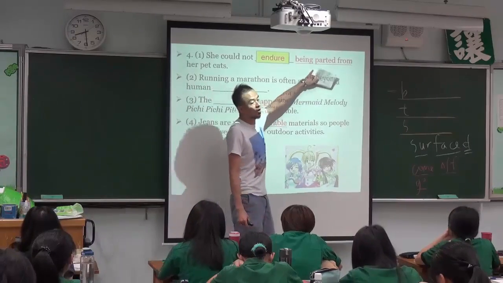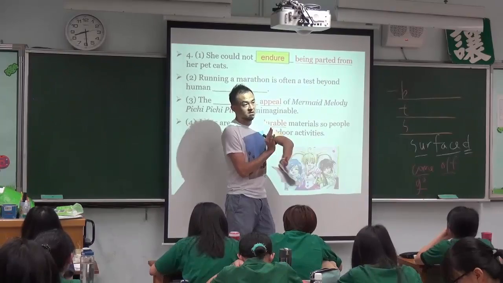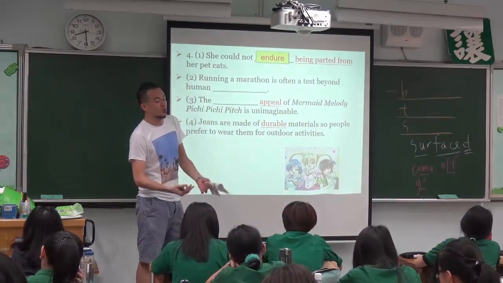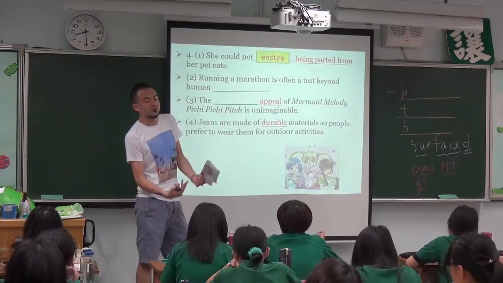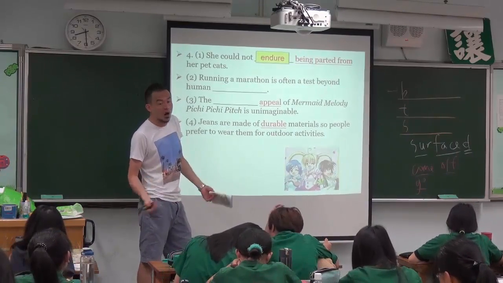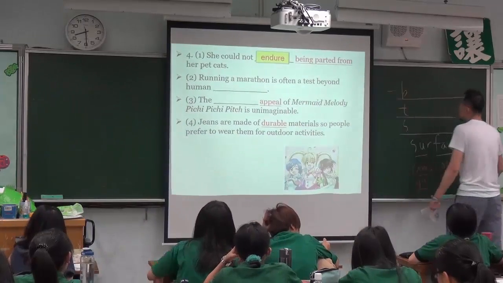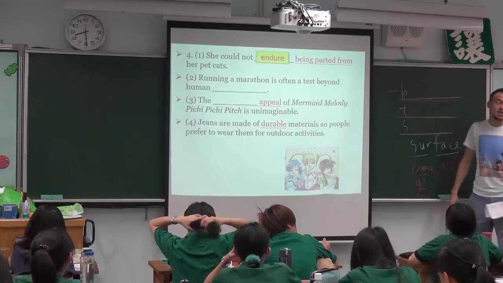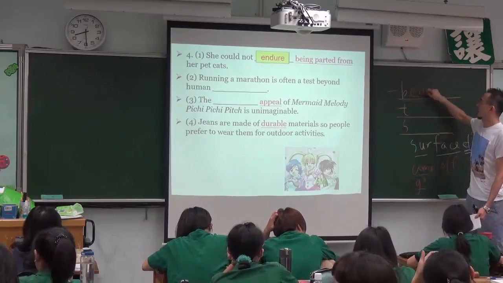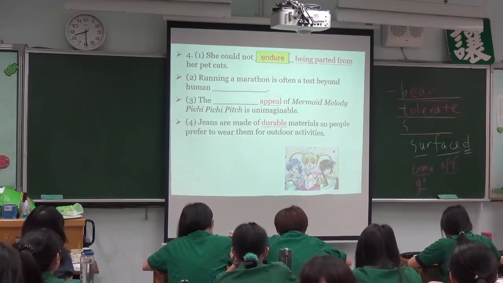But the meaning of being parted from is separated. So when you say one day we will be parted from our friends or family members and live on our own, being parted from a person means being separated. But here, the word that begins with the B is bear, and tolerate is in our keyword list this time.